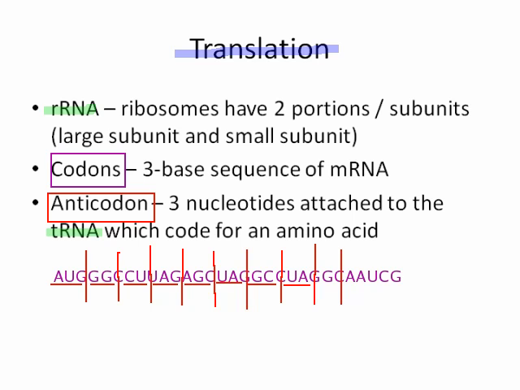And so the opposite of AUG would be UAC. That is the anticodon to the codon AUG. The anticodon for GGC is CCG.